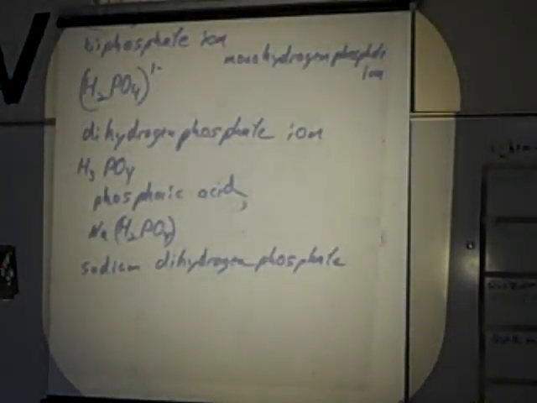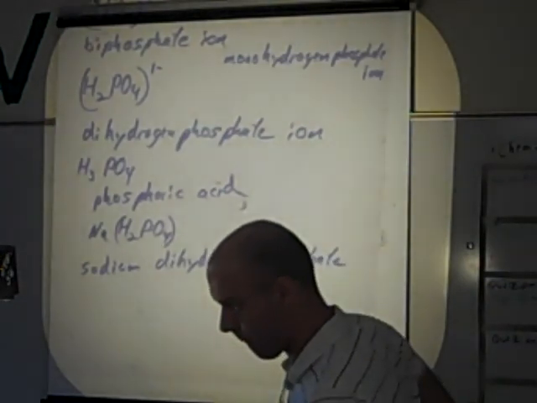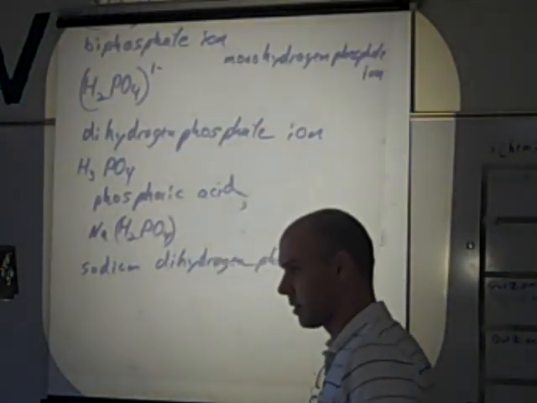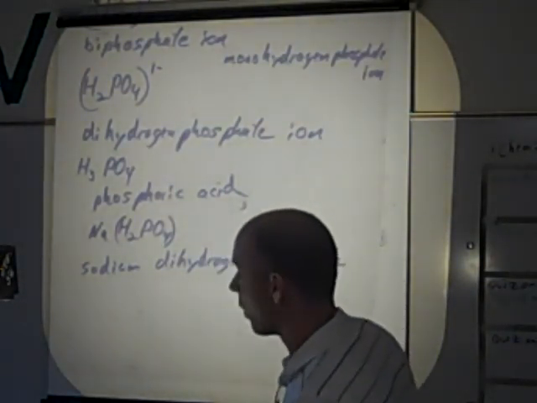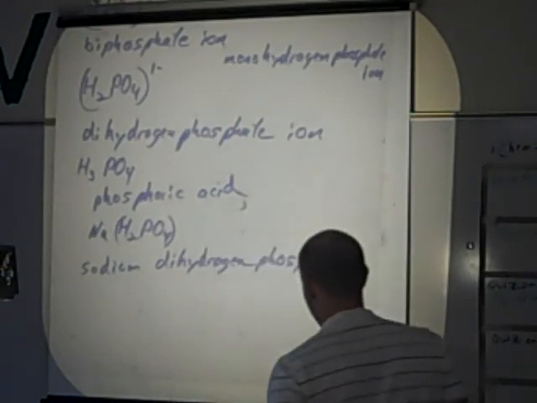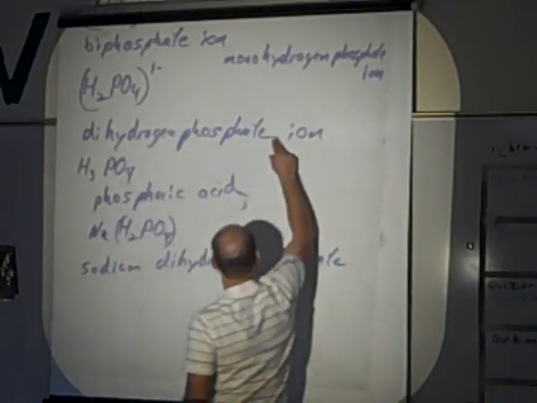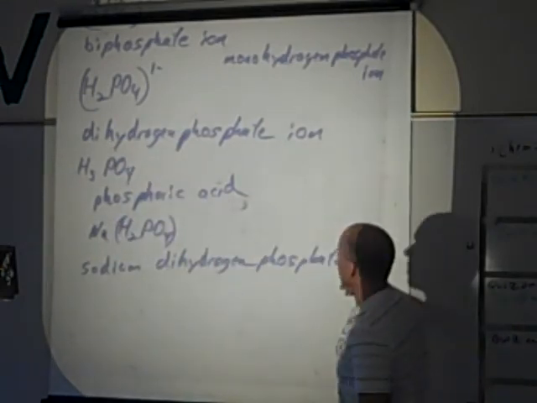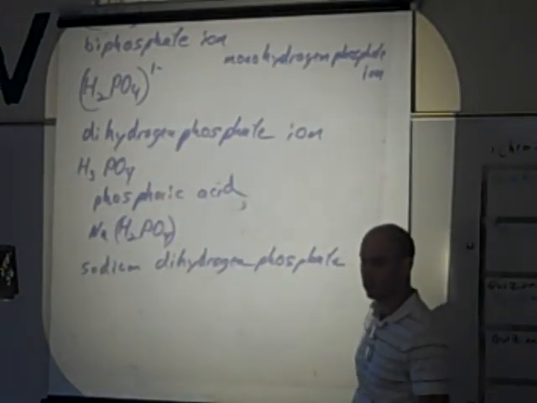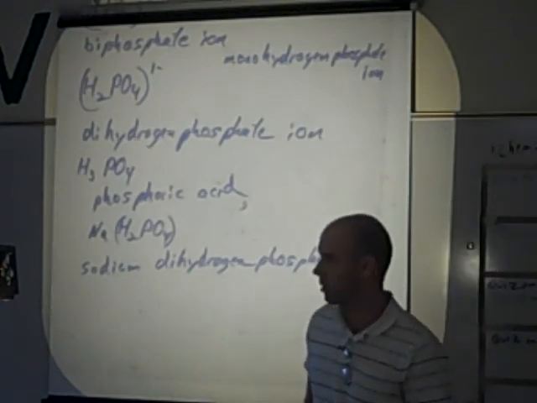Yep, Janine. So is dihydrogen phosphate ion, is dihydrogen phosphate all one word? It's all one word. Dihydrogen phosphate is all one word. Any other questions?